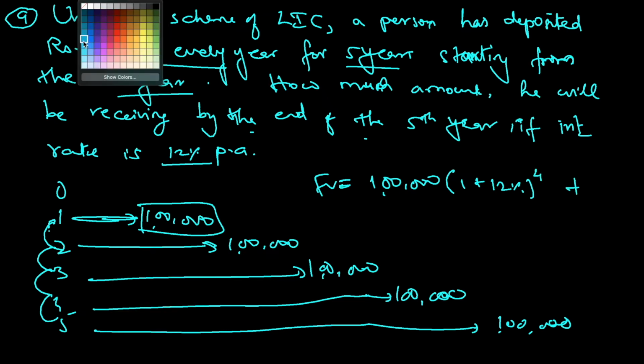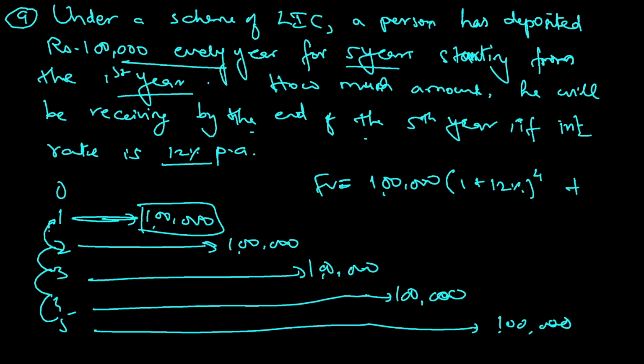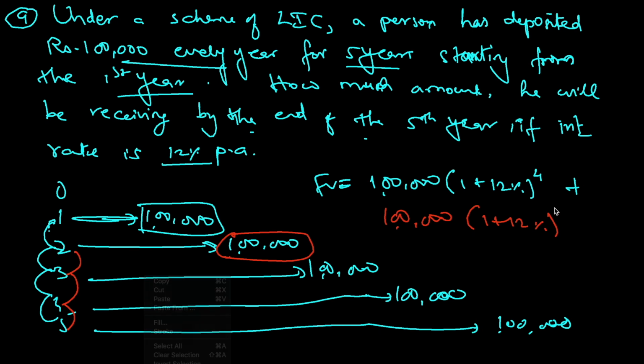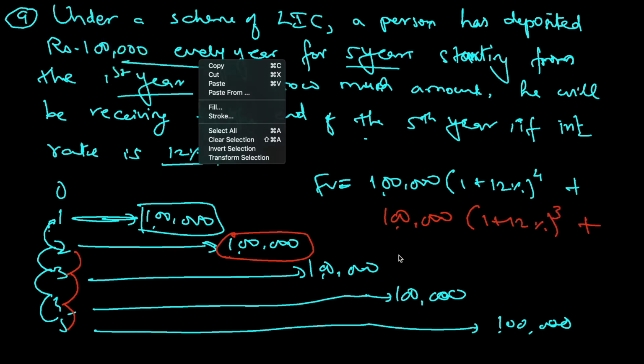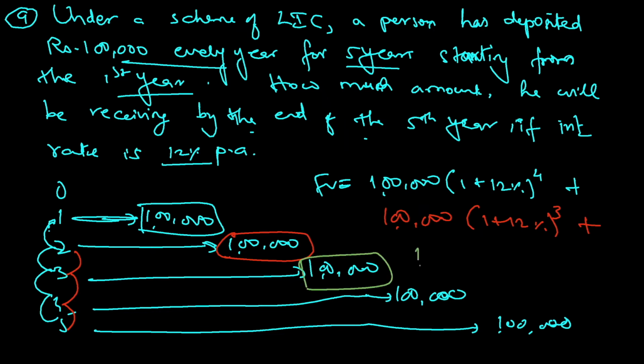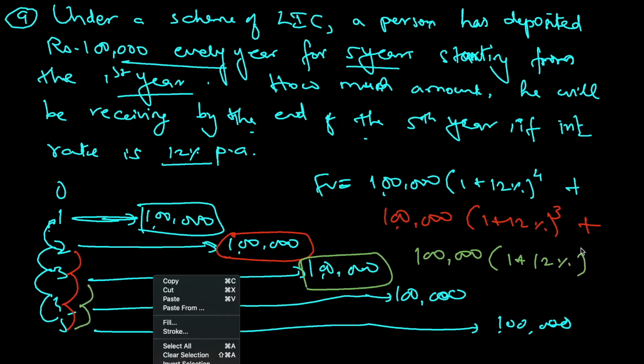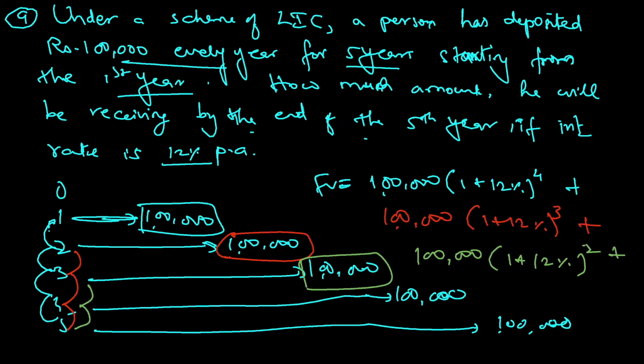Plus for the second amount, 1 lakh into 1 plus 12%, from 2 to 3, 3 to 4 and 4 to 5, so 3 periods. Plus for the next one, 1 lakh into 1 plus 12% to the power 2.